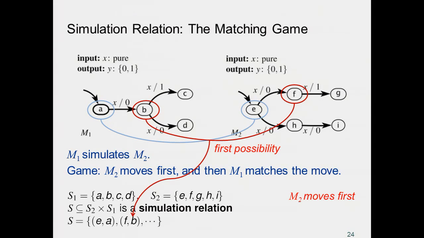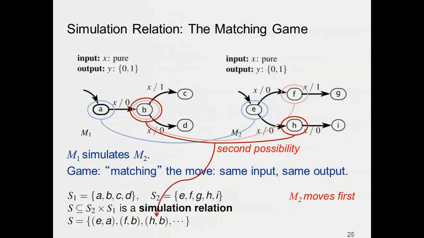Now, first possibility. The second possibility, instead, is that I go to B in M1, but M2 goes to H. And so this is also a possible choice, so it's another potential element of the simulation relation, in the sense that it describes a different choice for the second machine. Okay, so I keep on building.